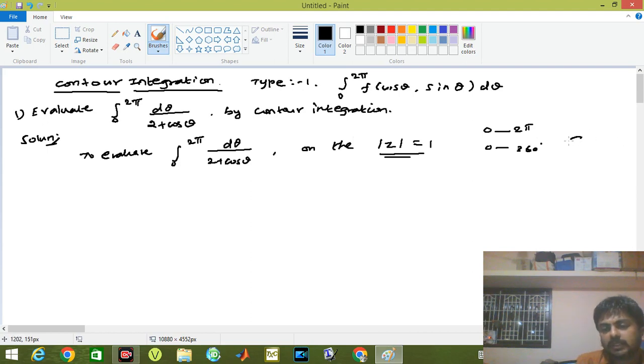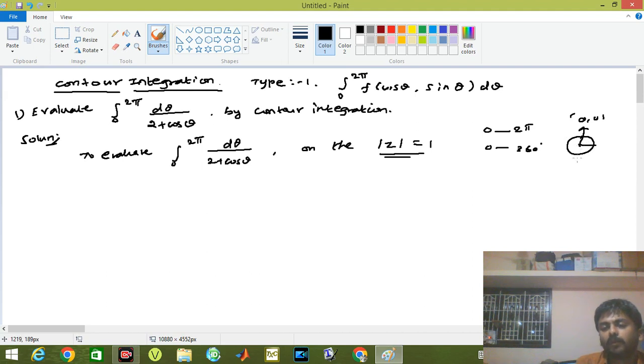The minimum definition of a circle is to have center 0, 0 and radius 1 as far as contour integration is considered.